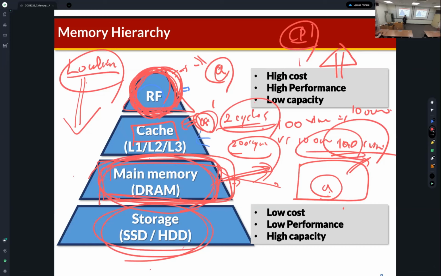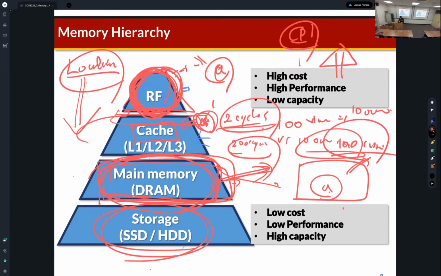So if we organize the memory system in a memory hierarchy, then because of locality, we can dramatically increase the performance of our computer system, because we can store frequently used data inside the higher level memory. Even though the size of the higher level memory is small, the performance is better.